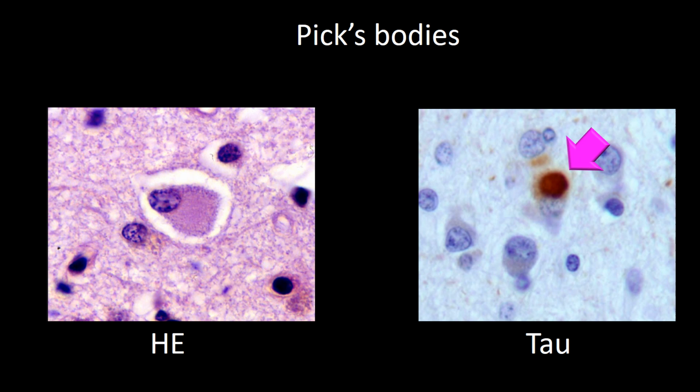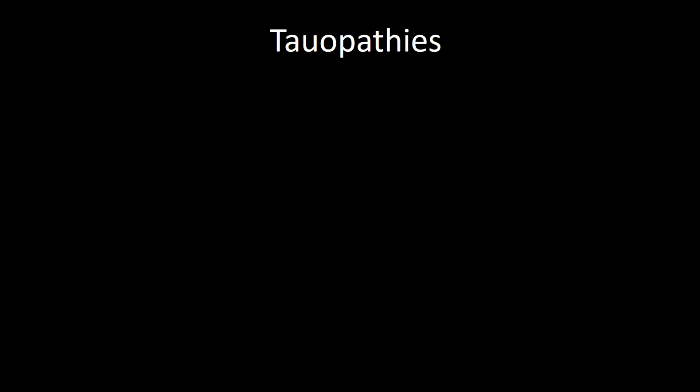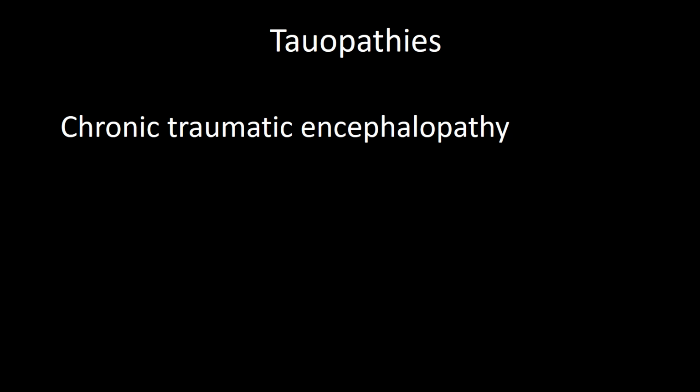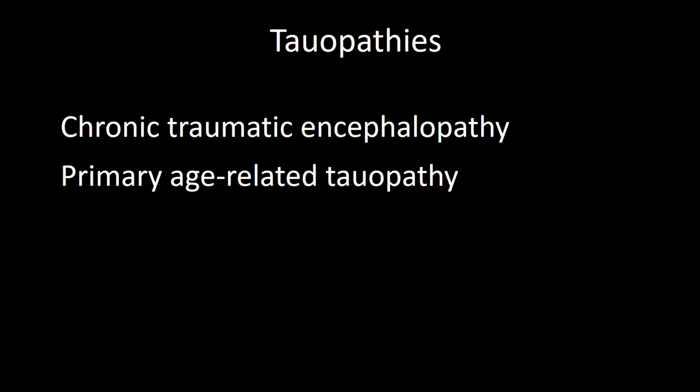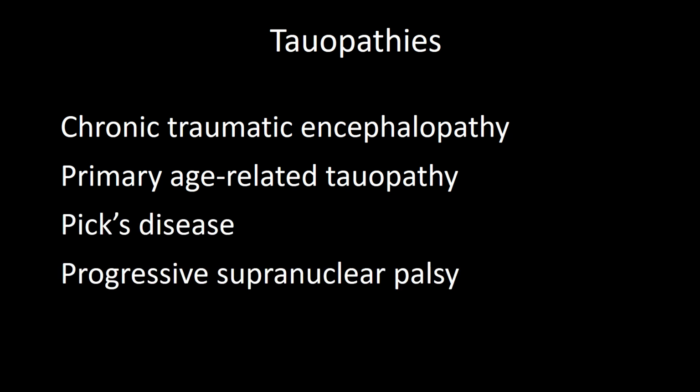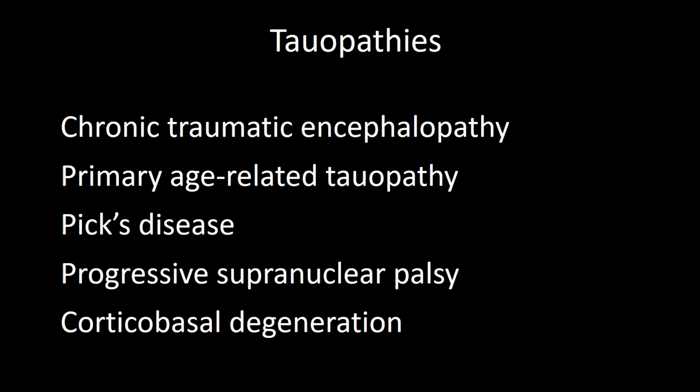They stain with tau because tau is the fundamental component of these bodies. Tauopathies include chronic traumatic encephalopathy, primary age-related tauopathy, Pick's disease, progressive supranuclear palsy, and corticobasal degeneration.